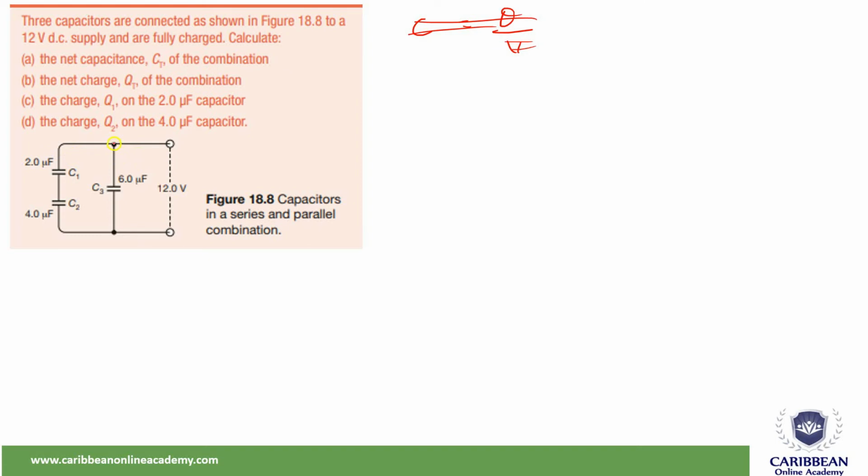So right here we have a circuit where we have the voltage connected here. This capacitor is connected in parallel with the power source. Then we're seeing two capacitors that are connected in series, but those two capacitors are also connected in parallel with this 6 microfarad capacitor.